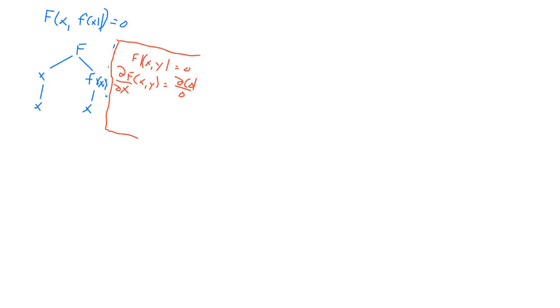You're going to have the partial derivative of big F with respect to x times dx, which incidentally is just equal to 1, plus the partial derivative of big F with respect to y, but y is a function of x, so put a dy/dx times there.